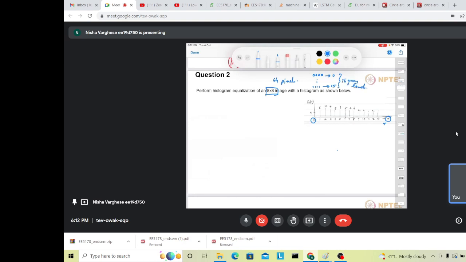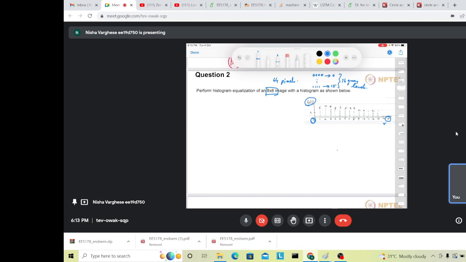So the first step is, we have this histogram of the input image with us. What is meant by this histogram? We have the 0 intensity value.